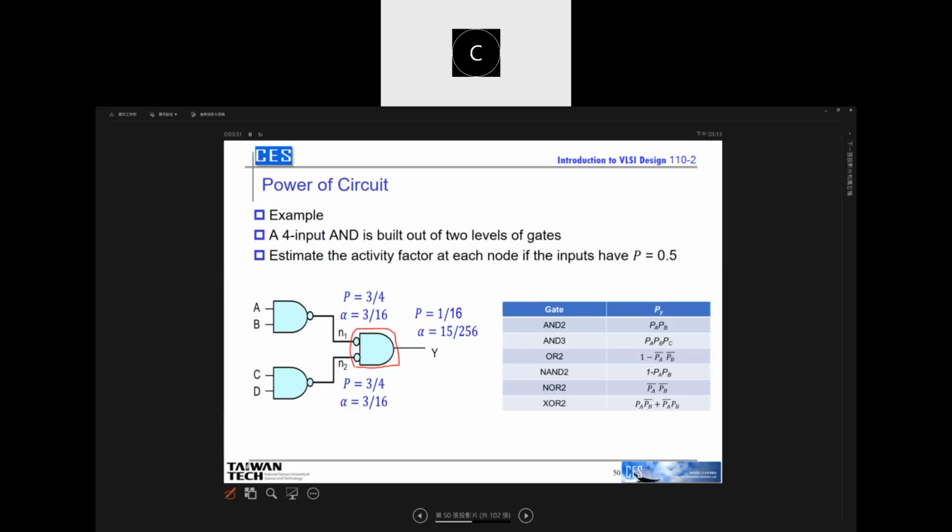Let's assume the input will be A, this is A here, and this is B. So this is Y equals A prime, B prime, and then it's just an AND.